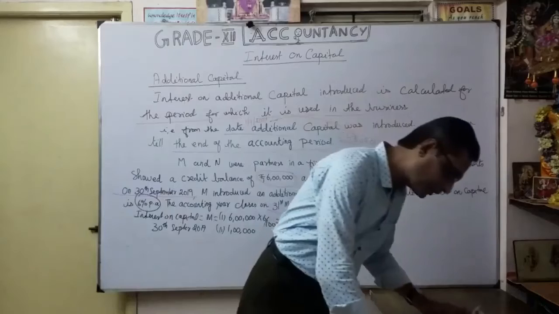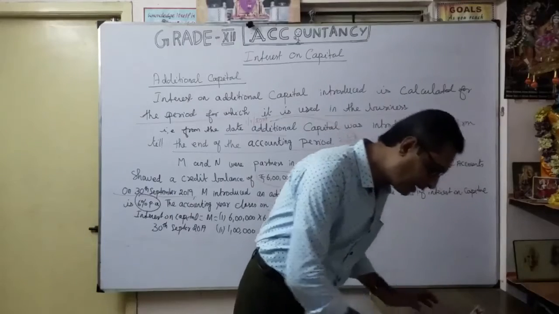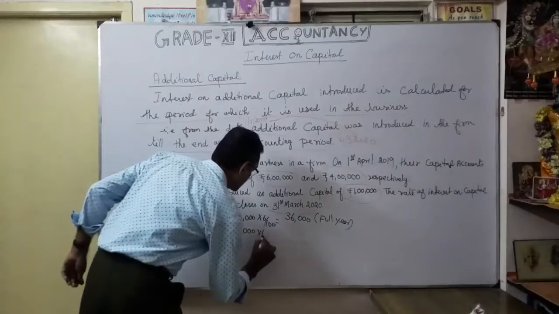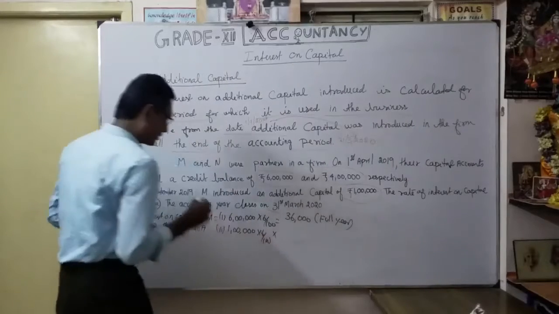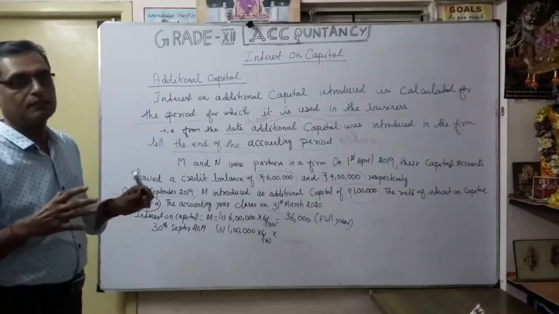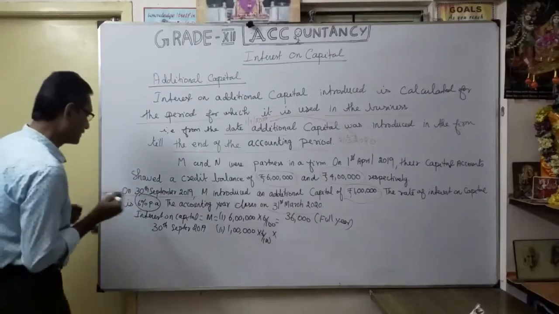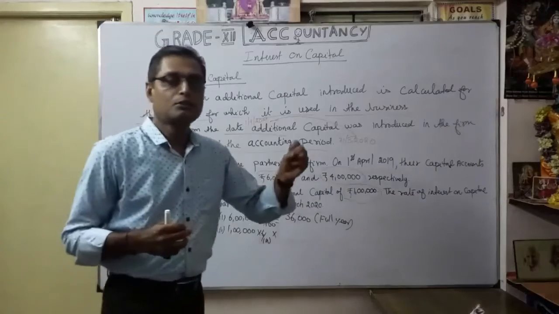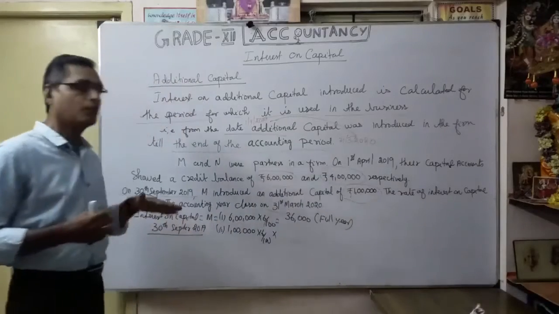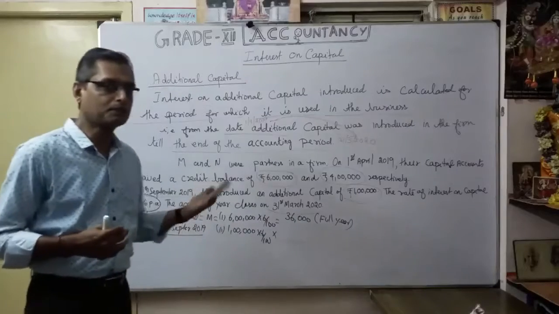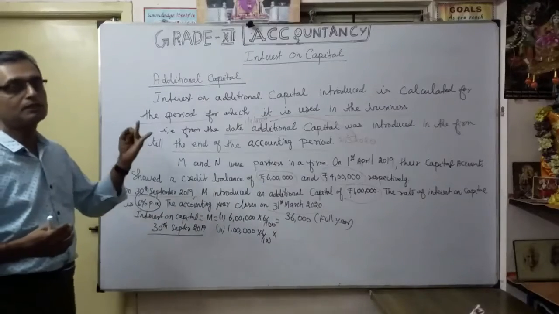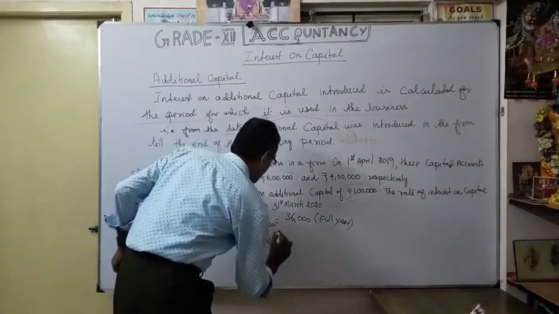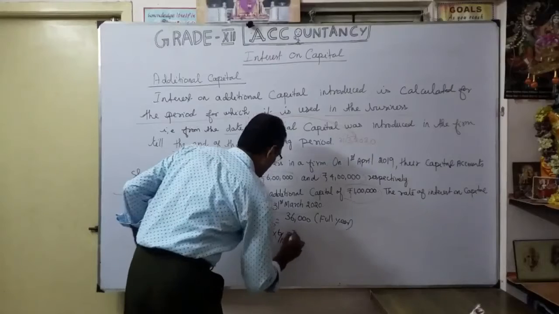In this situation, 1 lakh into 6 by 100. But you can't take the entire 12 months because of the date, 30th September. You have to take the succeeding months: September, October, November, December, January, February, March. So only 6 by 12, only the 6 months.